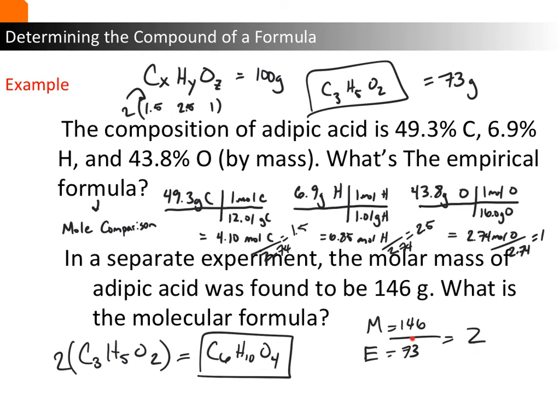In this case, it came out to be 2. But sometimes the molecular formula is 3 times the empirical or 10 times the empirical. If that's the case, you figure out your factor and then multiply it by the numbers in the empirical formula to come up with the final ratio of the different elements in the molecular formula.